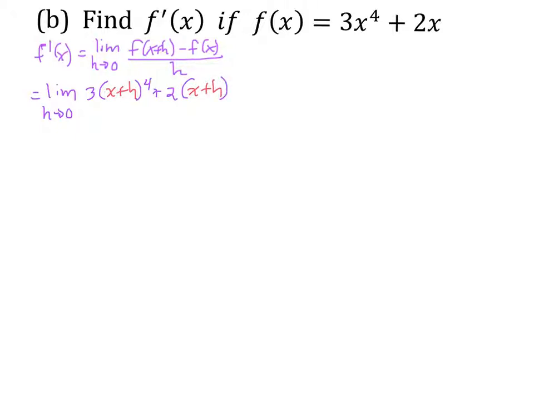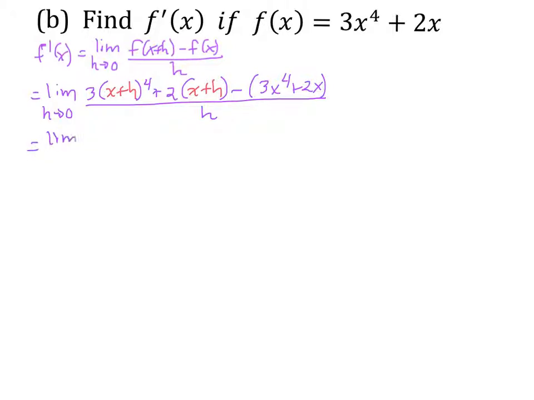So isn't that the function with x plus h subbed in? Then, don't forget, you have to subtract the original function, all in parentheses. So minus the 3x to the 4th, plus 2x. All of that is over h. So the only difficult part here is going to be taking that x plus h to the 4th. So let's go ahead and do that.